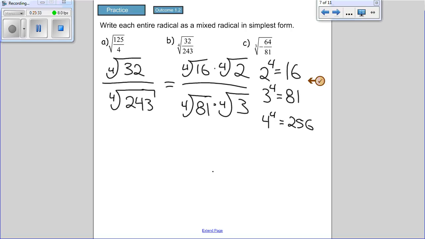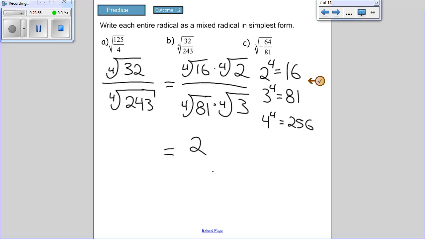The 4th root of 2 changes to be what? Nothing. Stays the 4th root of 2. And if you ever wonder if it's going to stay or not, in your calculator, the 4th root of 2 is a crazy decimal. Crazy decimals are no good. So that's what you have on the top.